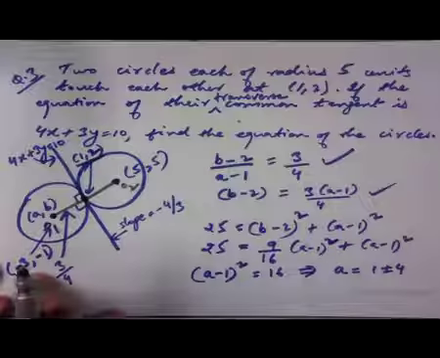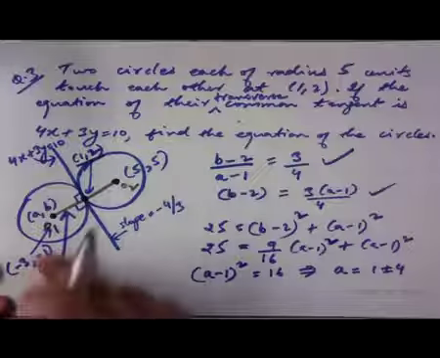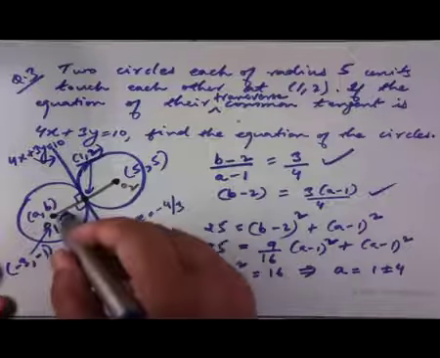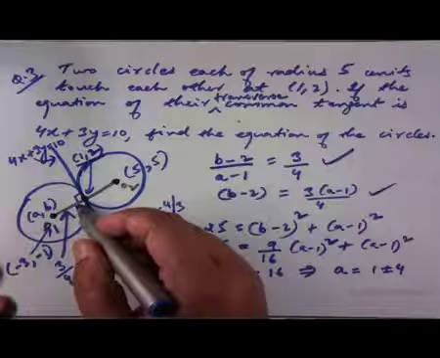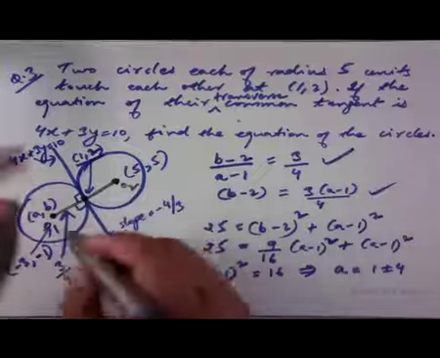So, now we have the coordinates of the centers of these two circles, and we know the radius to be 5 units, and therefore, the equation is easy now.